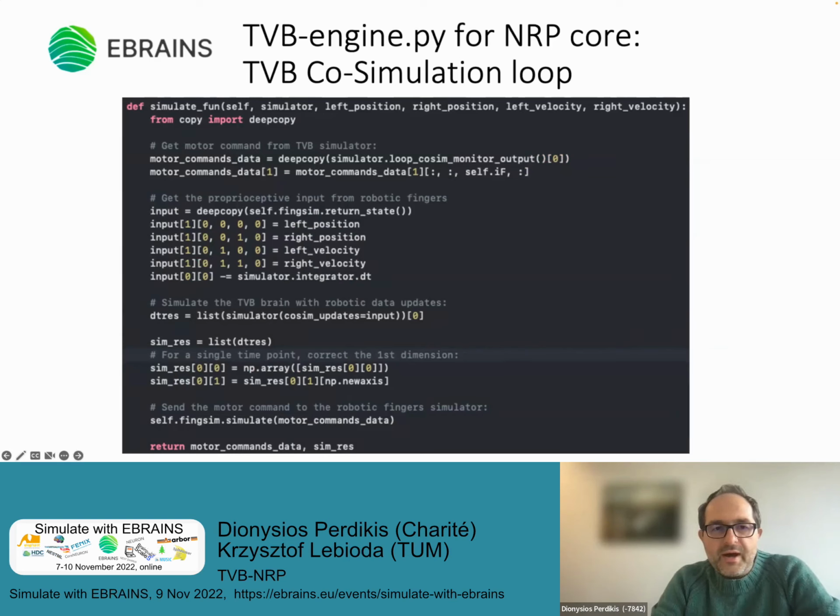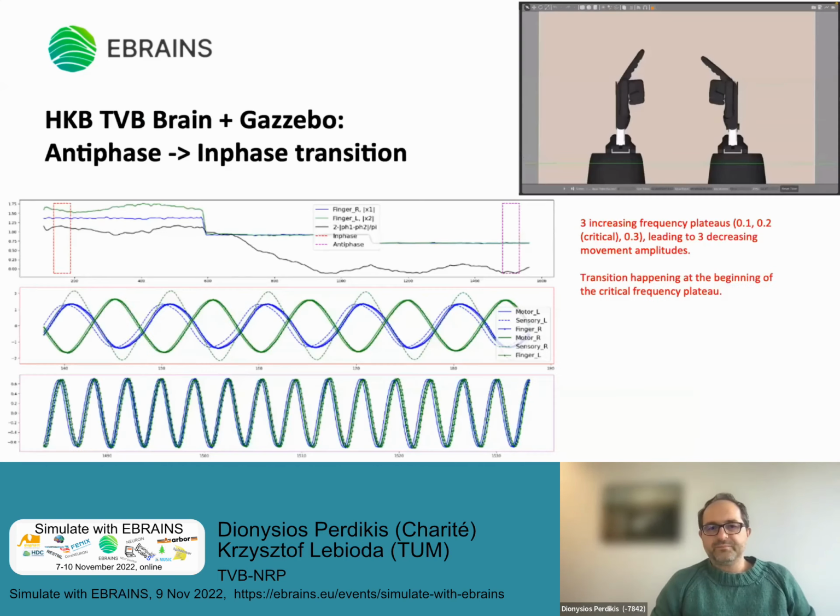There are communication instances from TVB to the fingers that we call a motor command, and also from the finger's proprioceptive input towards the TVB simulator. These updates happen in both directions, and then we simulate one time step. This loop continues for the whole simulation. So you see that we have to alternate between simulating and exchanging data.